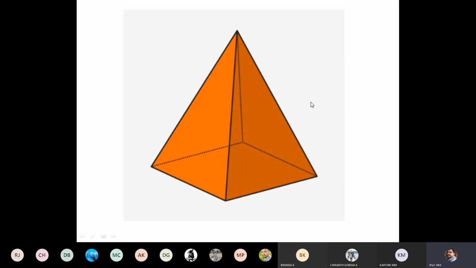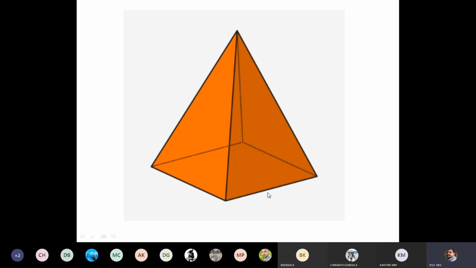Square pyramid. Why is it called a square pyramid? The reason is the base is a square. Depending on the base, we name the pyramid. Instead of square, if the base is a pentagon, then the pyramid is a pentagonal pyramid.